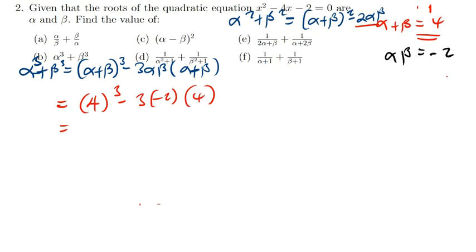So 4 raised to the power 3 should be 64 minus, so negative and negative will cancel. I'll have 3 times 2 times 4, that is going to be 24. So 64 plus 24, that should be 88. So 88 is the answer for this question.